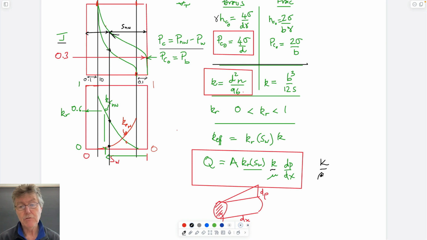This is the relationship that we just talked about that allows you to convert between them for pressures and heads, etc. And this gives you a volumetric flow rate, and you can convert a volumetric flow rate into a Darcy velocity, and you can convert a Darcy velocity into an advective velocity.